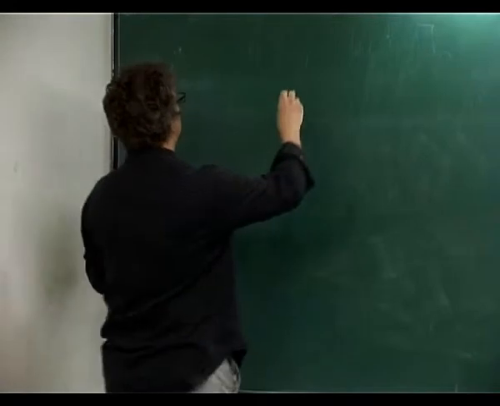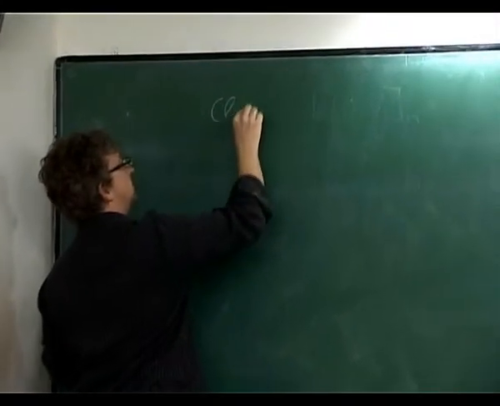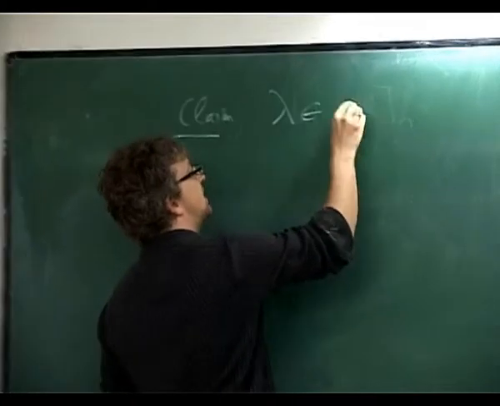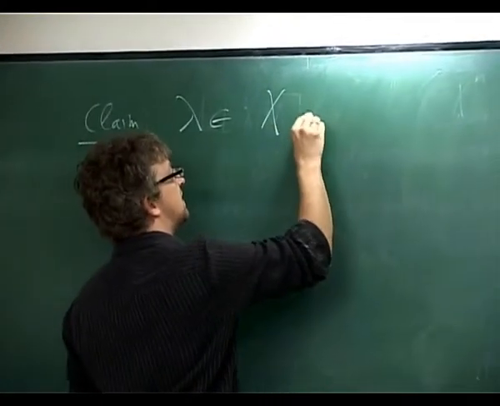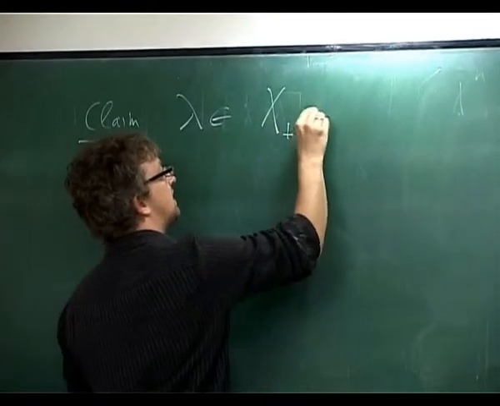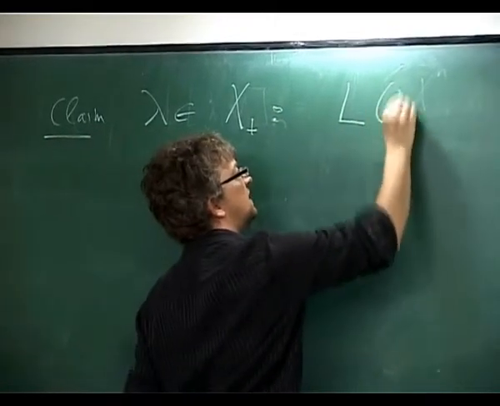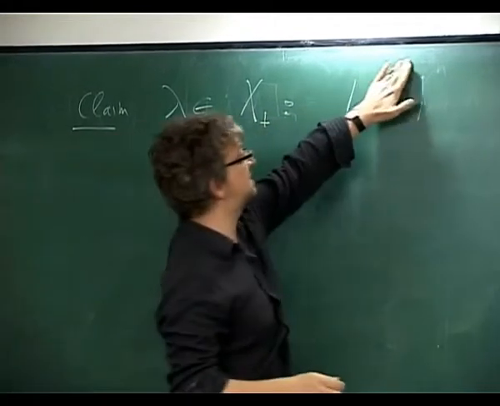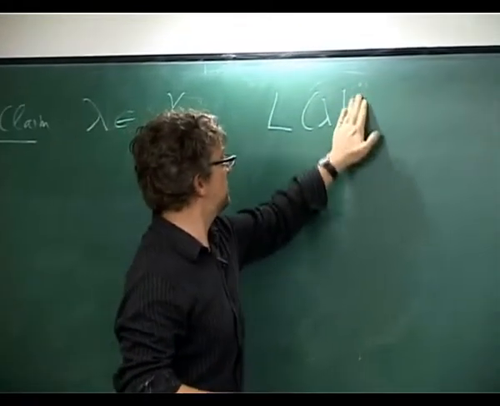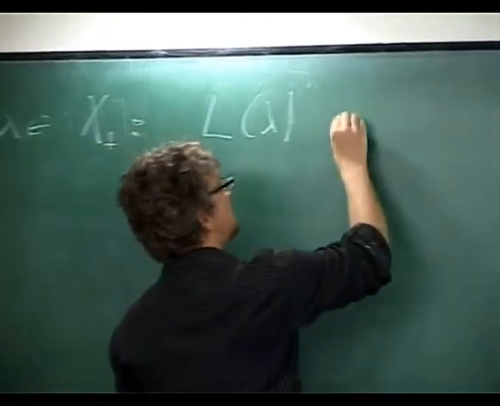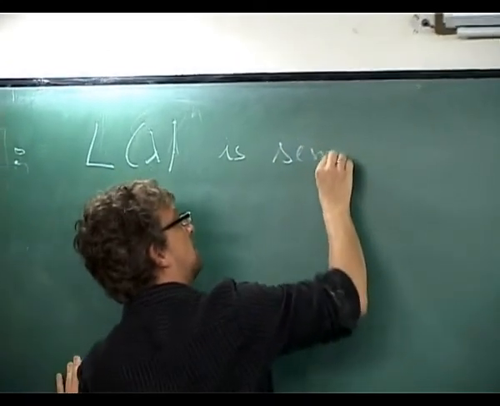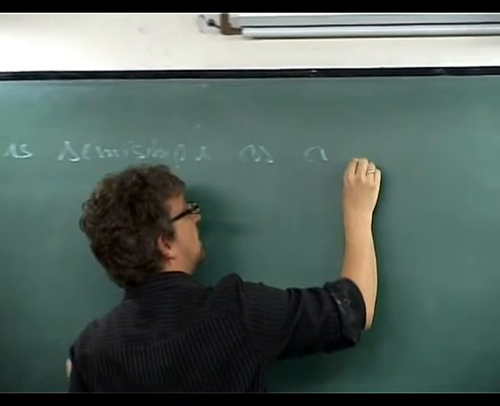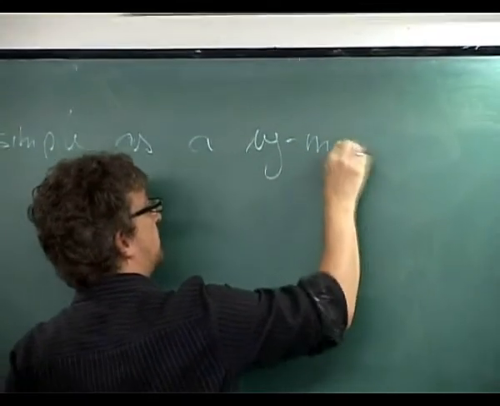Okay, so claim. If lambda is in X plus, then we can differentiate the simple highest weight module for the group. So there's no head here. This is semi-simple as a G module.